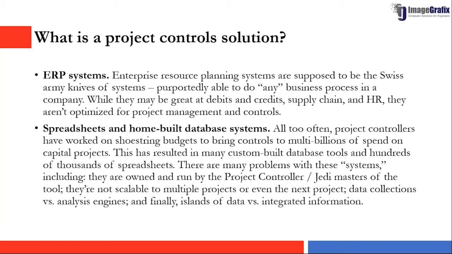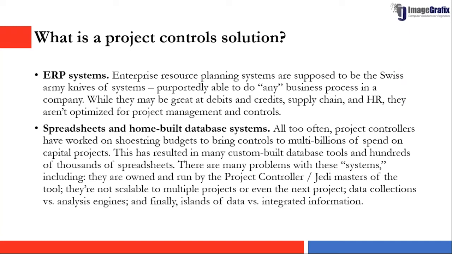The access to this spreadsheet is a problem, as well as updating. They are prone to human errors, and if there is some issue with the Excel sheet, all the data will be lost, right? And this is only accessed by the project controllers.